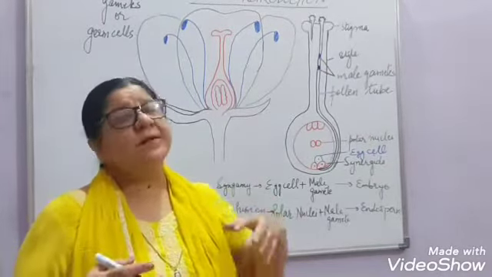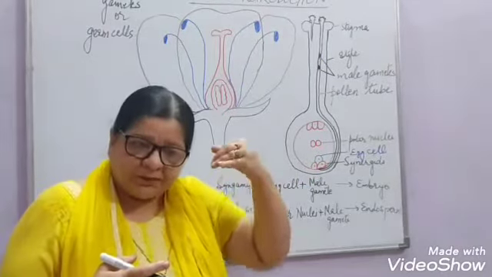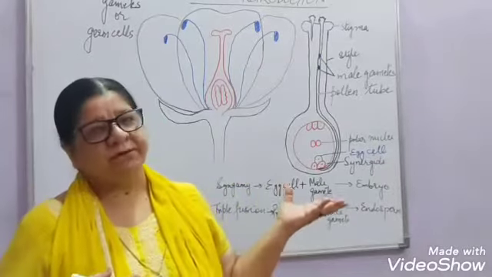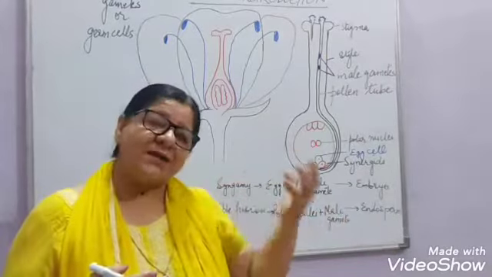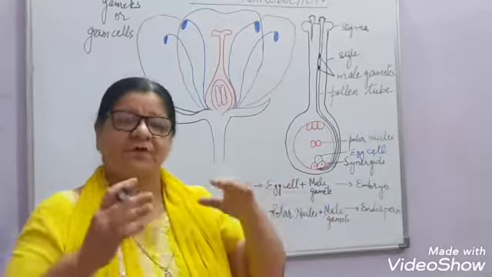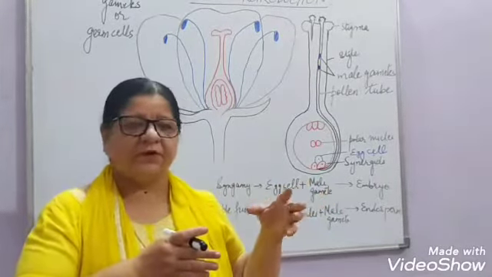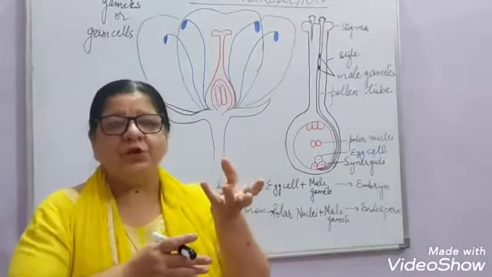So in that way, sexual reproduction is more important than asexual reproduction. It has more advantages over asexual reproduction. Of course, there are certain variations in asexual reproduction also, but those variations are very, very minute changes.